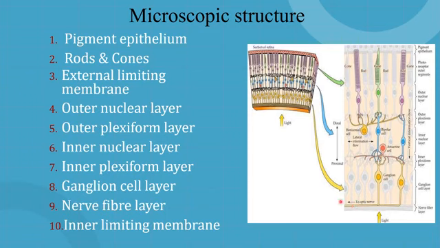These are the 10 layers; you have to remember their names: pigment epithelium and the photoreceptor layer, that is rods and cones, external limiting membrane, outer nuclear layer, outer plexiform, inner nuclear, inner plexiform, ganglion cell layer, nerve fiber layer, and then inner limiting membrane.